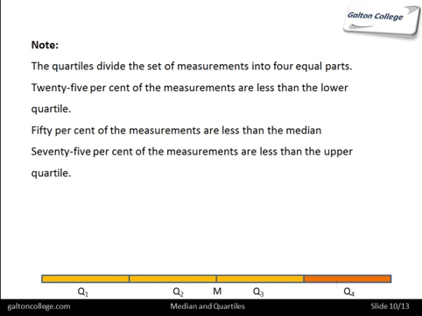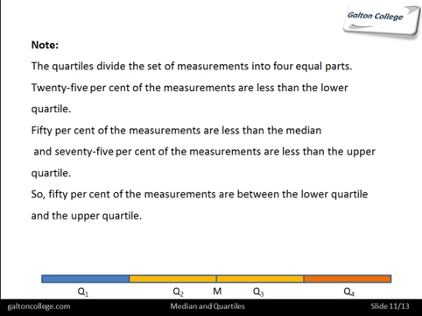50% of measurements are between the lower quartile and the upper quartile. That's the semi-interquartile range I was talking about earlier. So that would be the semi-interquartile range. 25% down here knocked off.